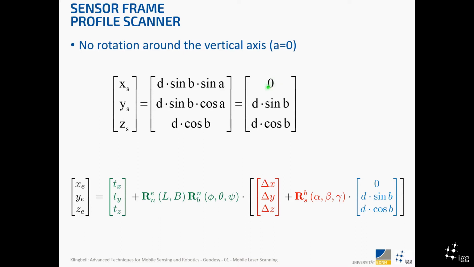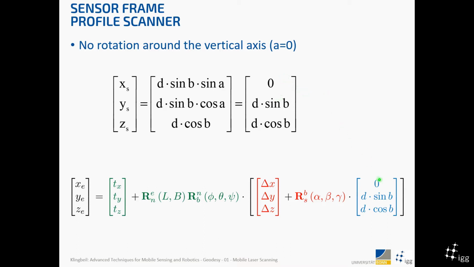There's no component in the x direction, but in the y and z direction we have the sine of b and cosine of b multiplied by d to get y and z, right? So this is what the calculation of this object point is given by d and b.